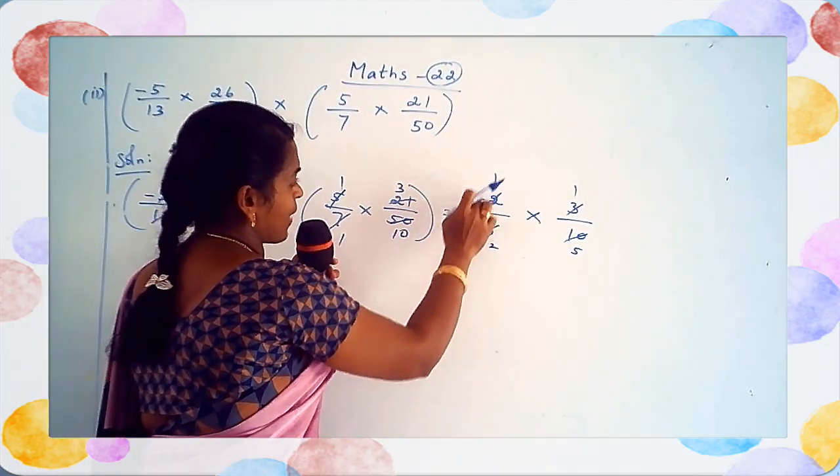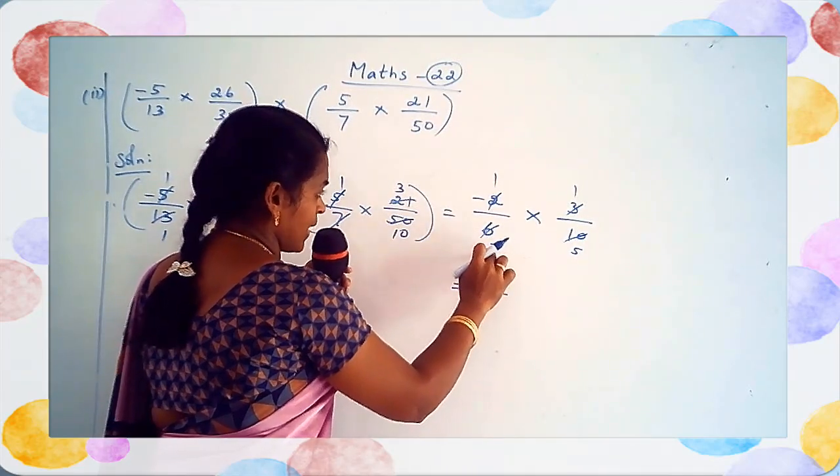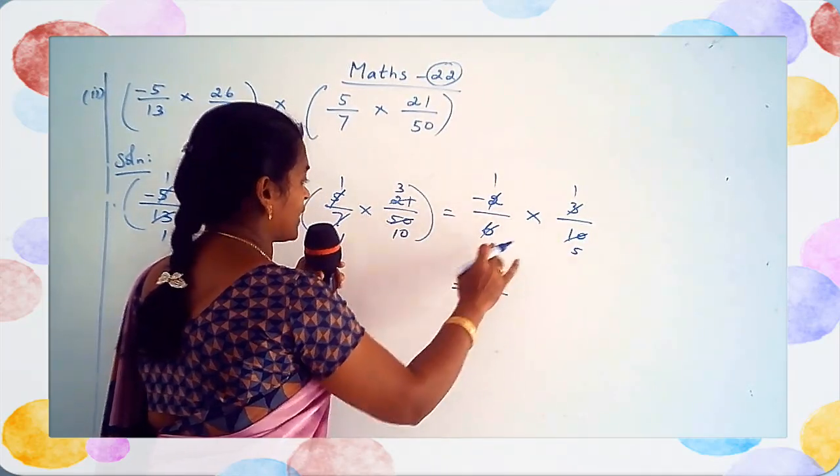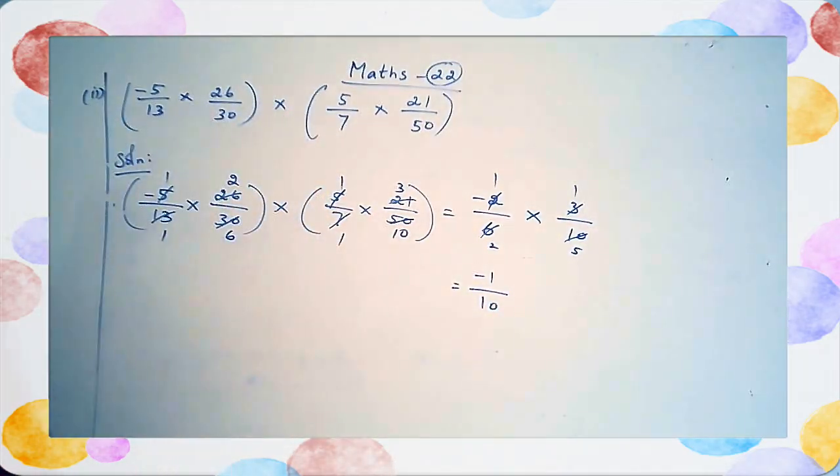So minus 1 into 1, minus 1, upon denominator multiplied: 2 5s are 10. So your answer is minus 1 upon 10. Okay children? Clear? Yes. Write it in the classwork note, in 10th question, second one.